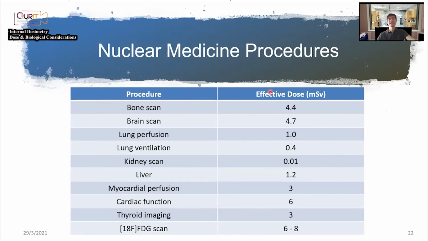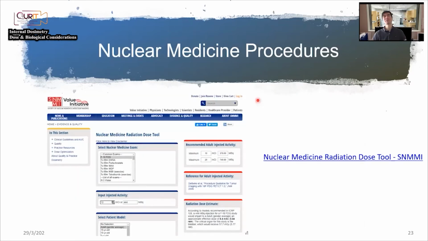But if you want to look in more detail at what type of dose you get from different nuclear medicine procedures, there's this nuclear medicine radiation dose tool from the Society of Nuclear Medicine and Molecular Imaging. The link is there. It's easy, you just go and select a nuclear medicine exam. You can more or less select how much activity you are including and the type of model.